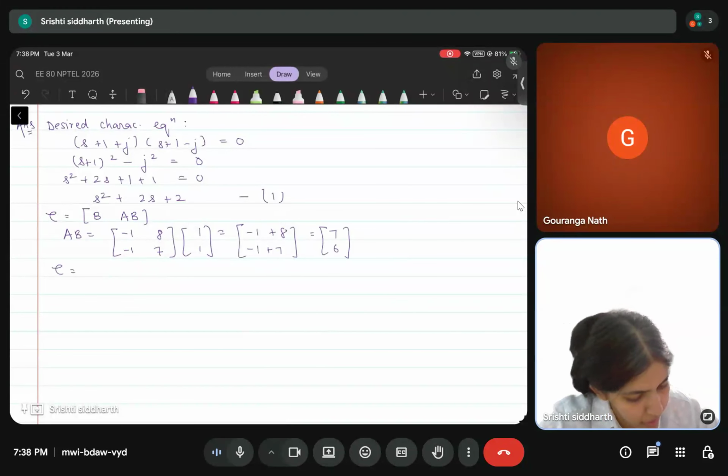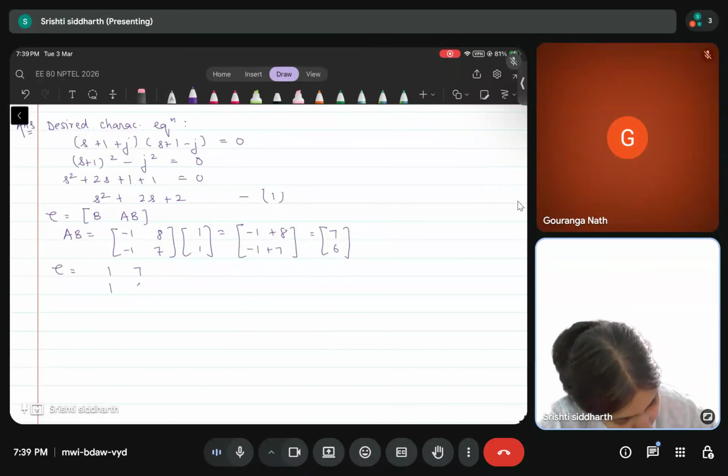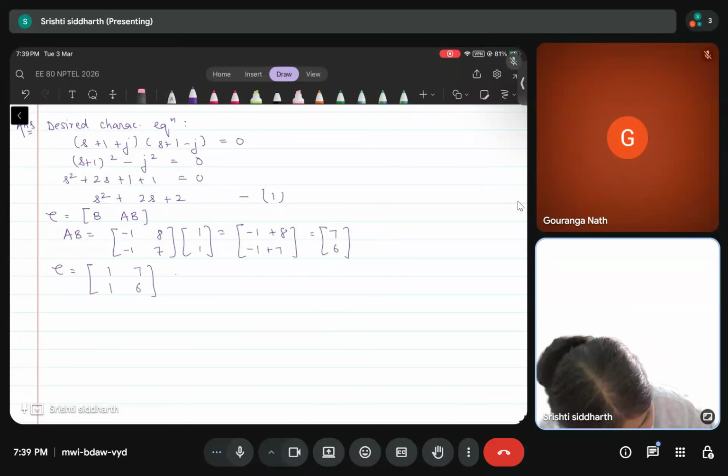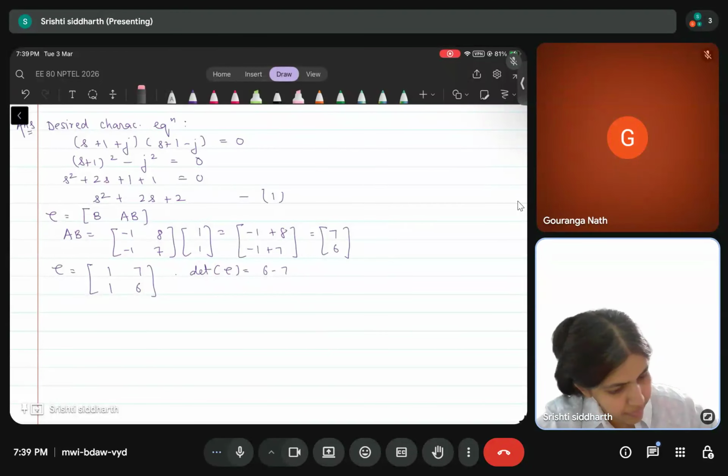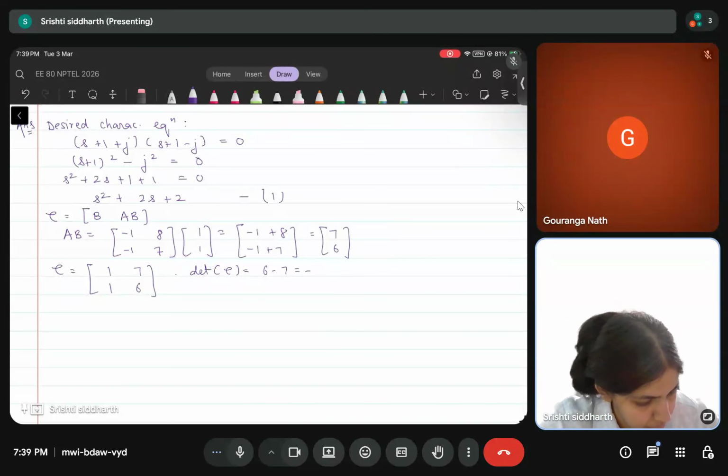So C is simply 1, 1, 7, 6. This implies that the pair A, B is controllable.